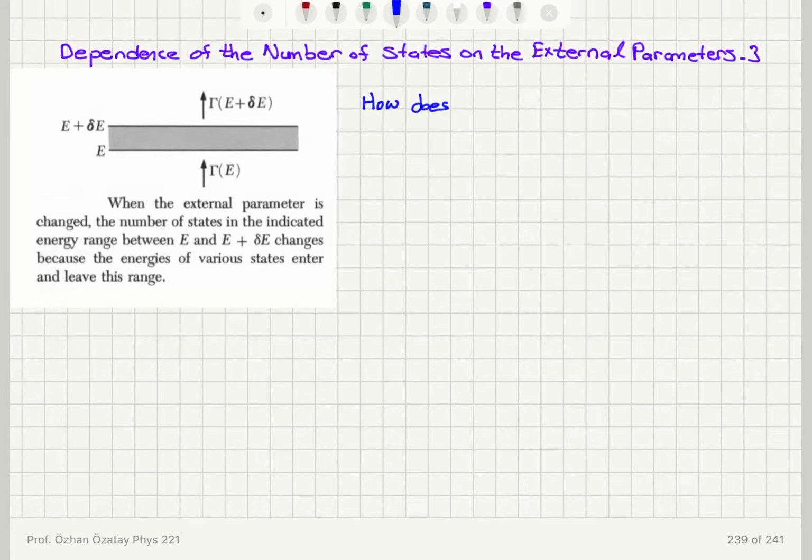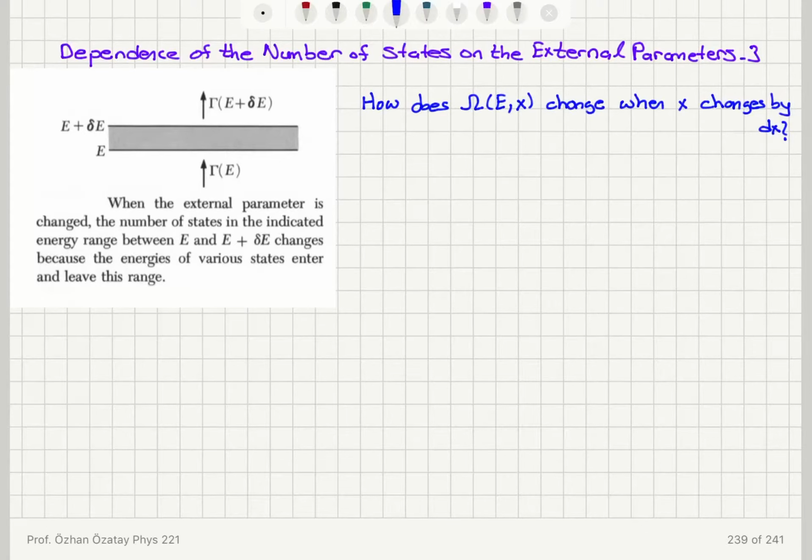How does the number of accessible states, which is a function of the total energy E, so this is the number of accessible states for energy in the range E to E plus delta E, change when x changes by an amount dx.